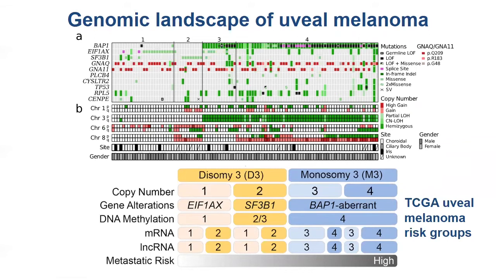So, for example, some of the group 3 tumors have EIF1AX mutations. Some of the group 4 tumors have SF3B1 mutations. And we even have one group 1 tumor that has a BAP1 loss of function mutation.